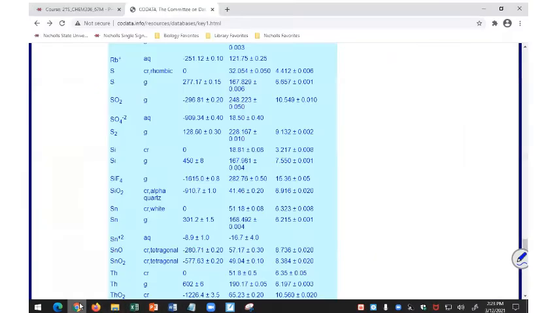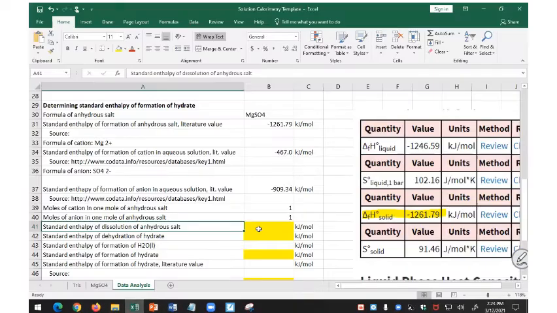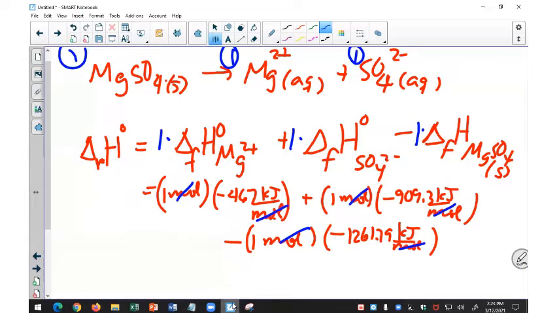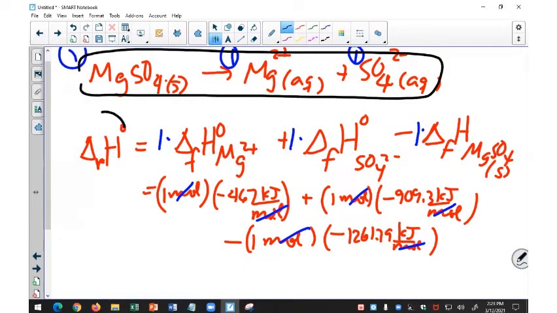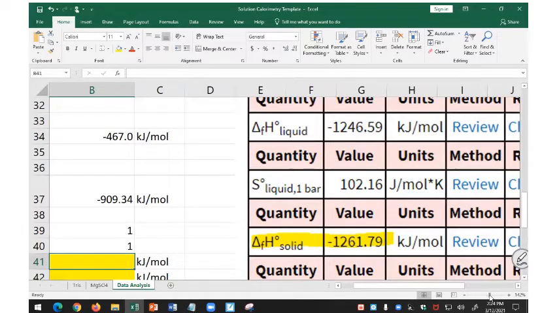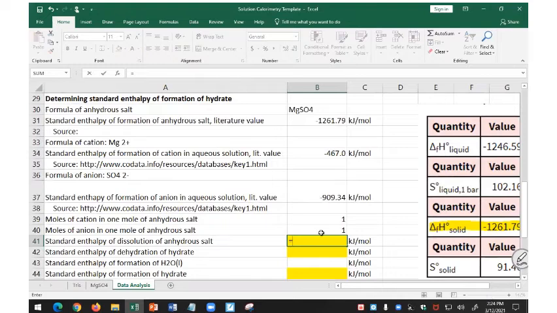So anyway, on a per mole basis, how do we calculate this? What's the standard enthalpy of dissolution of the anhydrous salt? This is the dissolution of the anhydrous salt. This is the standard enthalpy for that. And what is it, based on the numbers we have entered here? So this is going to be delta H formation of the products. What are the products?